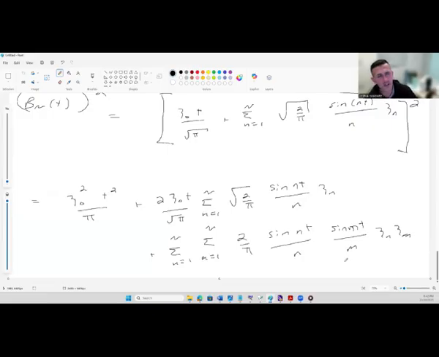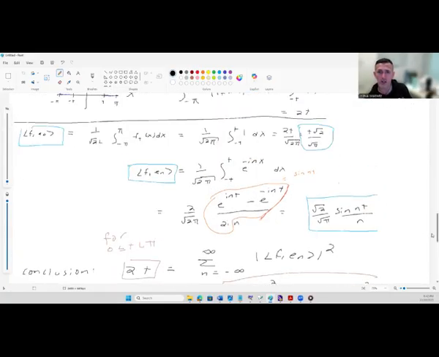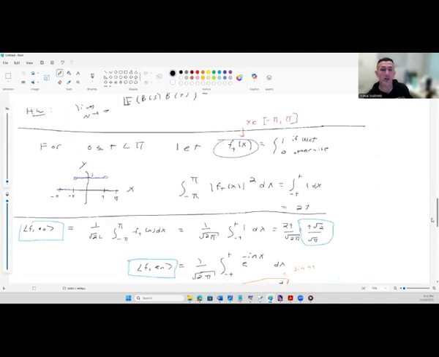Yeah, and you can kind of even see, if you want to do this with Bn of t, Bn of s, well, yeah, you would need that other version of Parseval's theorem.